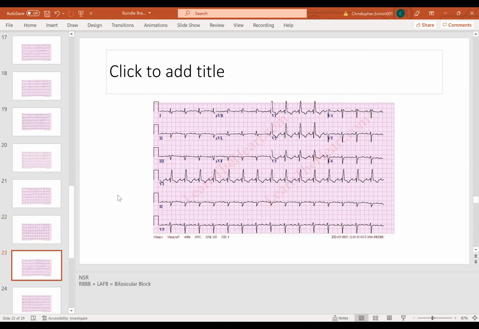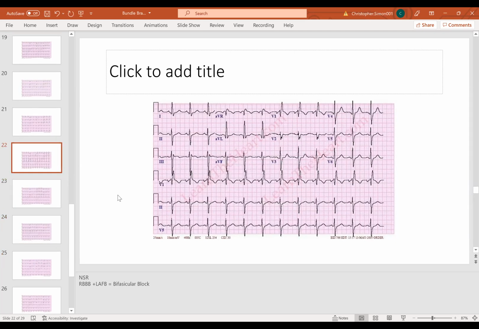All right, let's see what we got. Now, this is getting interesting. We have something called a bifascicular block. Bi meaning 2, and bifascicular meaning 2 fascicles, right? If you look at what's going on here, you're going to see that we have a normal sinus rhythm.